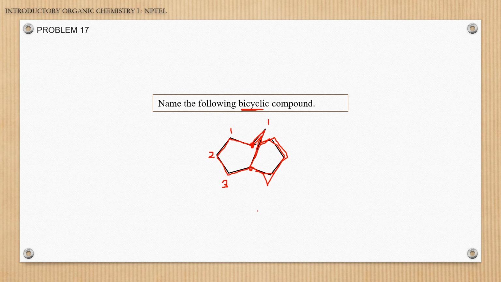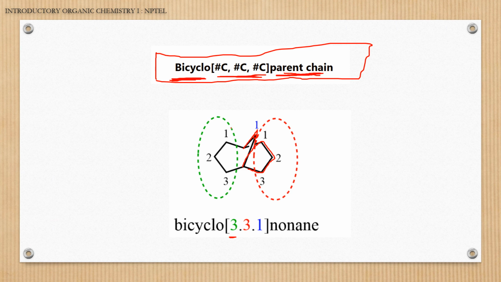So here you will write 3, 3, and the lowest number, which is 1. So this is a 3 3 1 system. You need to write bicyclo 3 3 1 and then the total number of carbon atoms, that is the parent chain, which is no name yet.